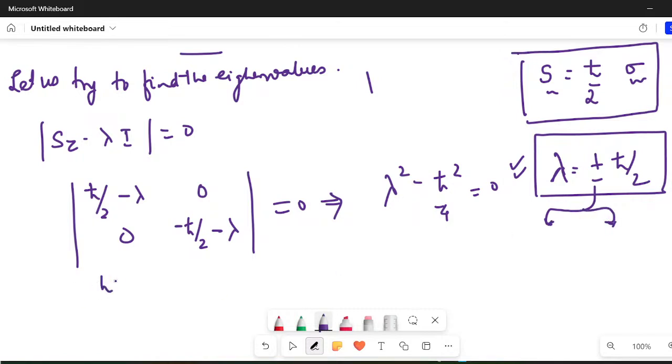And what would be the eigenvectors? For example, if I'm using h cut by 2, then this would be 0, 0, 0 and minus. If I'm using h cut by 2, what is the mistake that I've done?